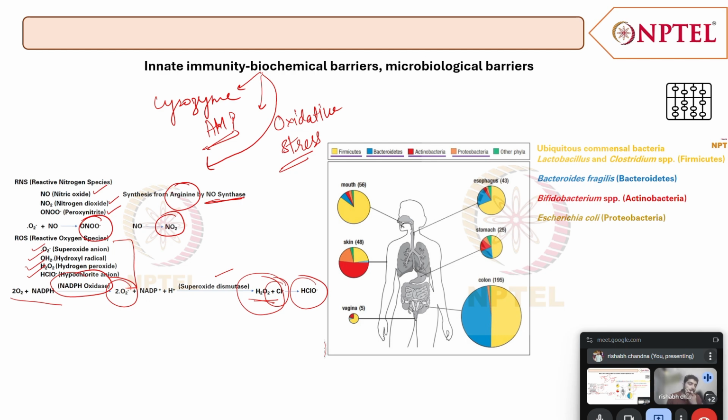Then moving on to the microbiological barriers, there are different classes of bacteria that are present in the human system as commensals. So what is basically commensalism? Generally, if bacteria are present on any of the humans, it would be an example of parasitism.